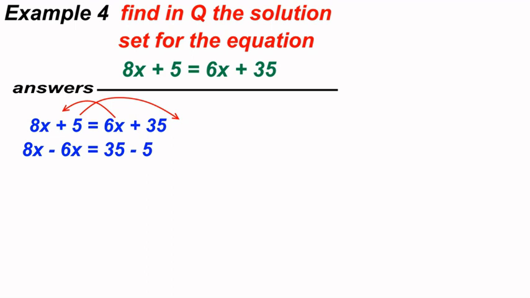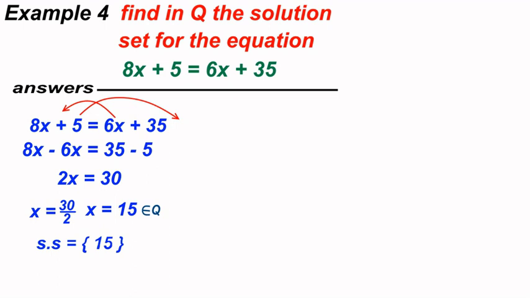So the left hand side will be 2x and the right hand side will be 30. 35 minus 5 equals 30. 2x equals 30. Yes, very good. You have to find x. x equals 30 divided by 2 equals 15, and 15 belongs to Q. So the solution set equals 15. Very good.